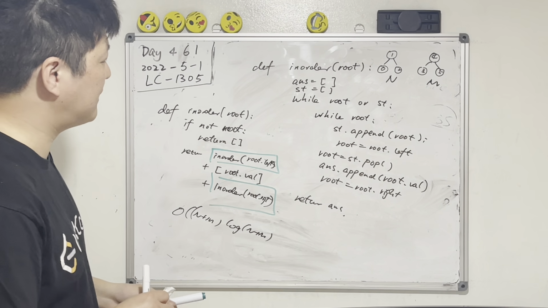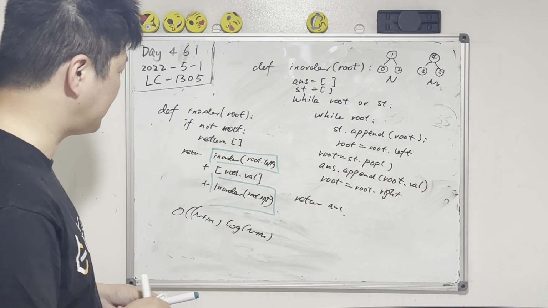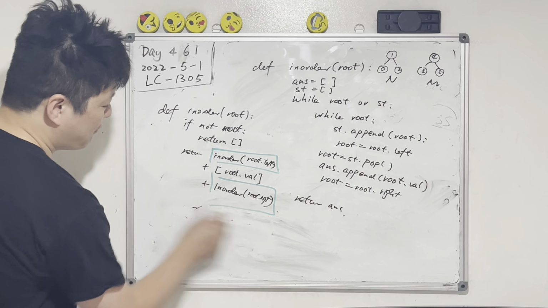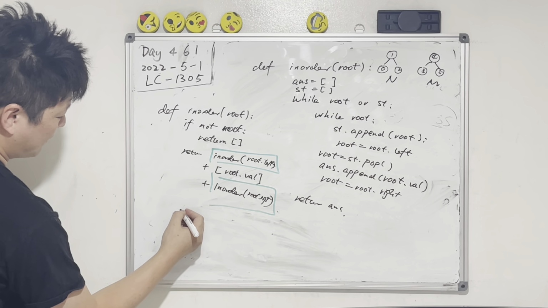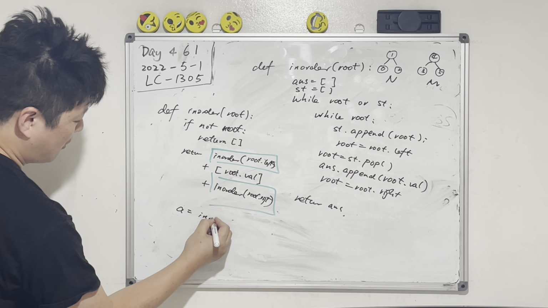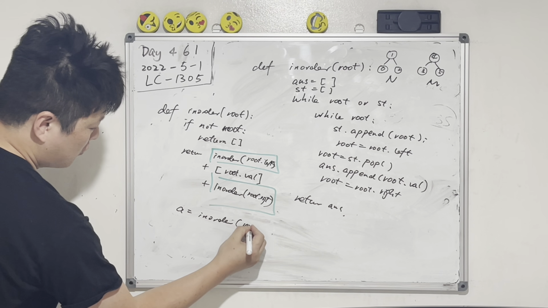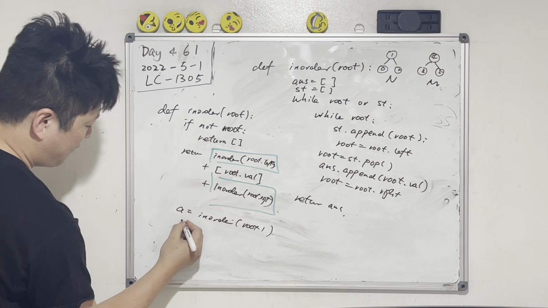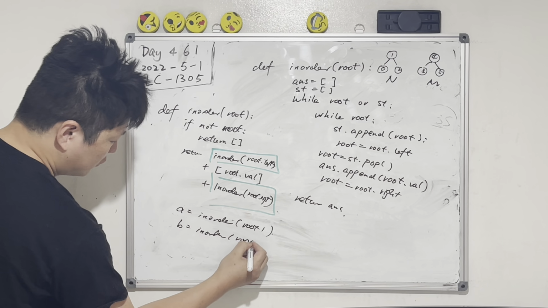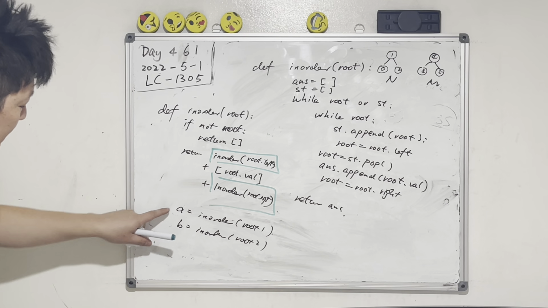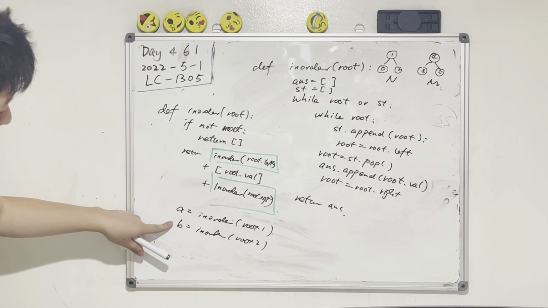But the thing is that it's a binary search tree, so we can do this in order, and then we can merge it. So we have these two in order traversals. A equals in order of root 1, and B equals in order of root 2. Then we can merge them because A and B are already sorted, right?